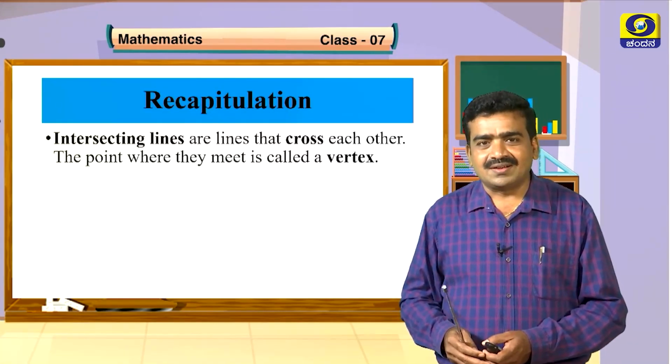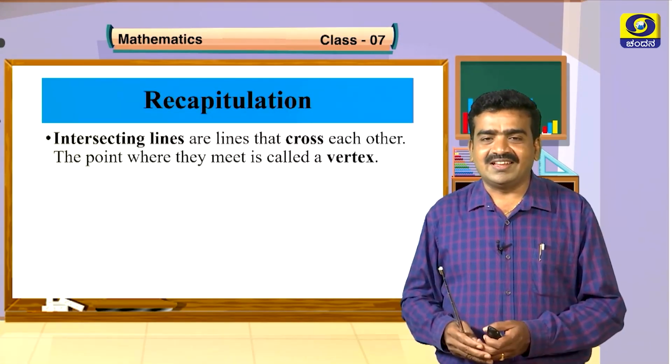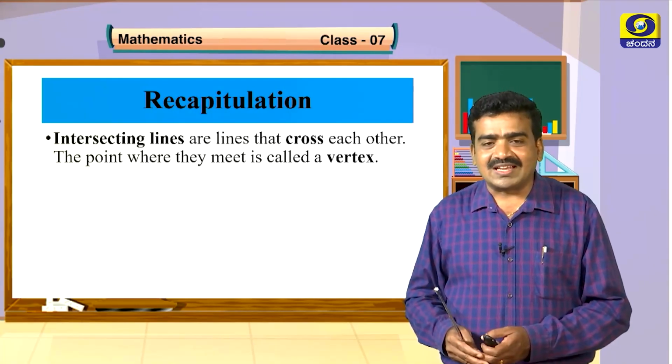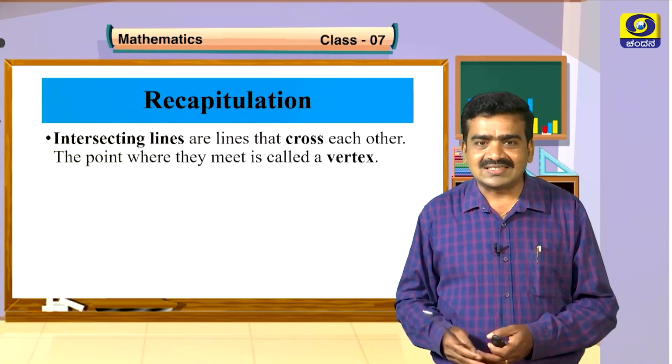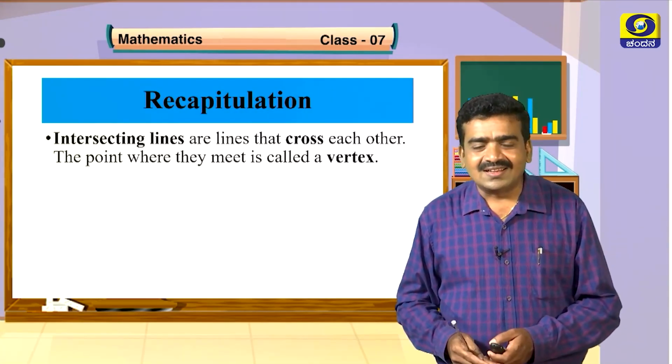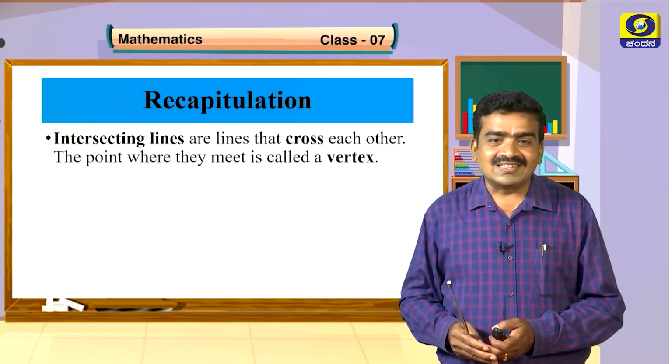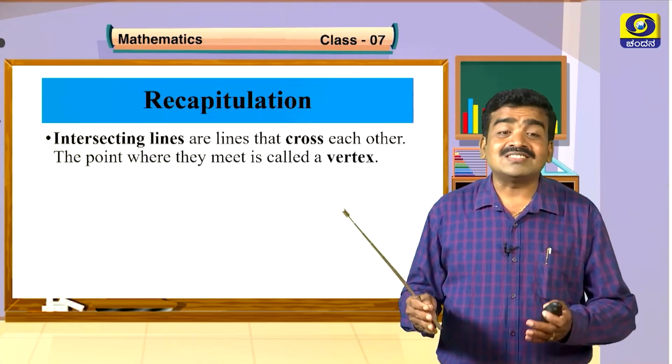My dear student, we have learnt about linear pair, vertically opposite angles and problems based on vertically opposite angles in this session. Let us recall again, the intersecting lines are nothing but the lines that cross each other.